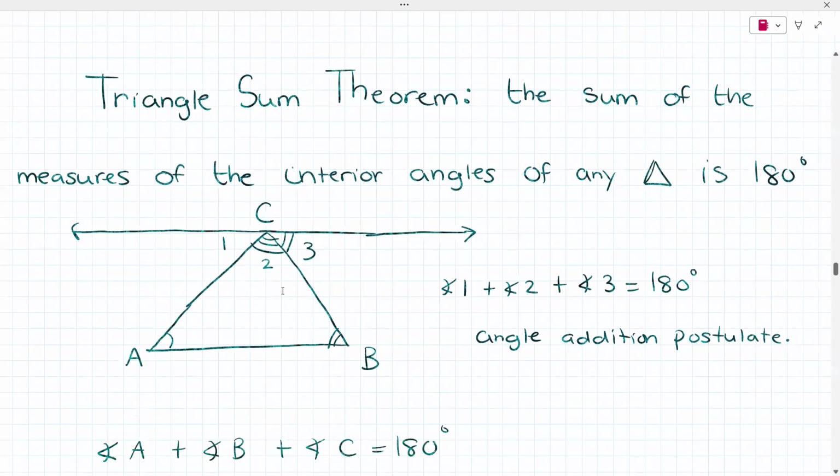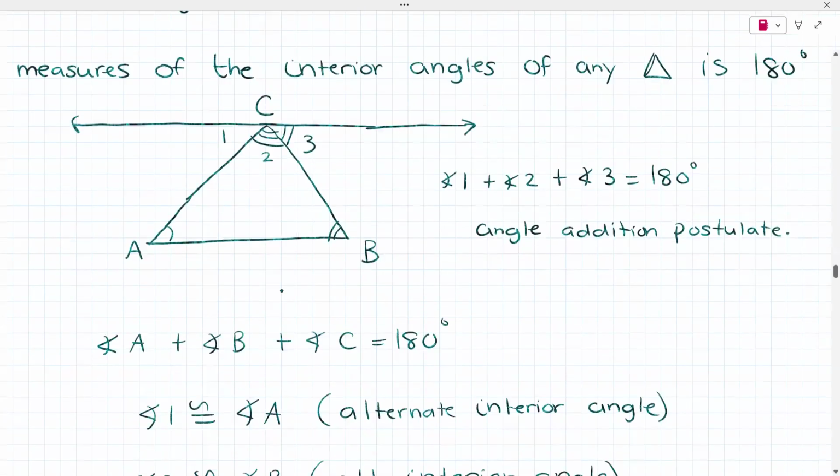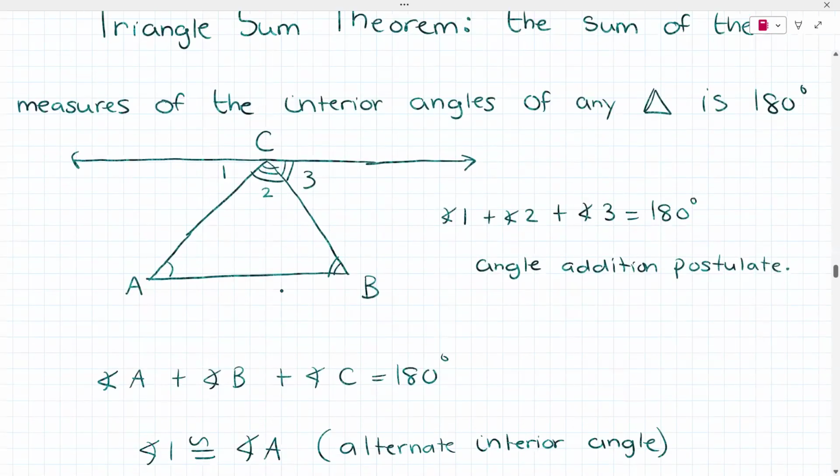So here, if you look at this image, you have a triangle and then you have a straight line on point C. And if you add up angle 1, angle 2, and angle 3, they add up to 180. And as you can see, these congruence marks are not the same. That means angle 2 and angle 3 are not equal, right? So angle A plus angle B plus angle C adds up to 180. Angle 1 is congruent to angle A. Why?